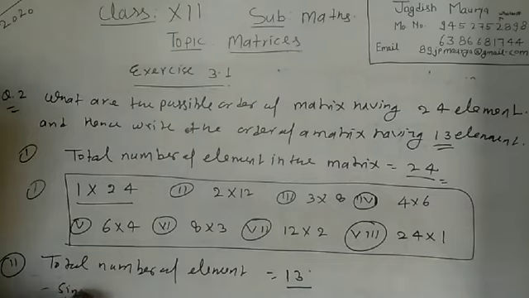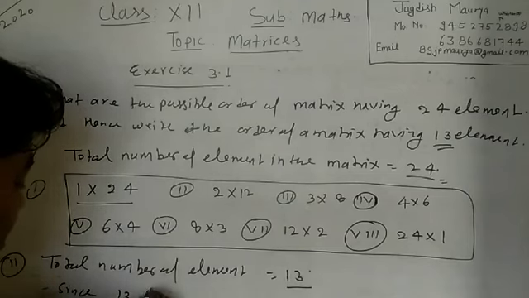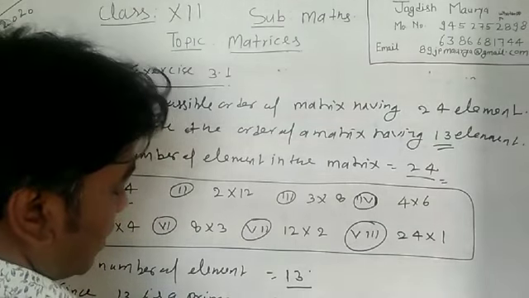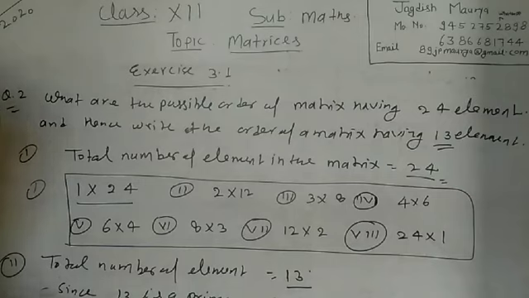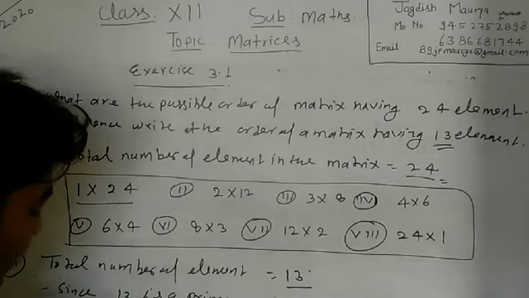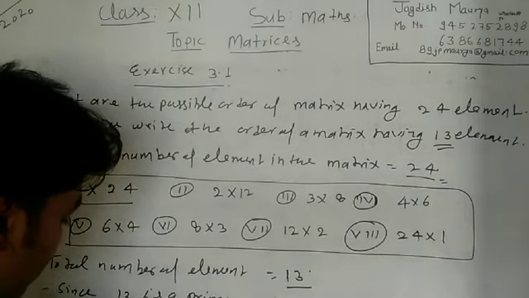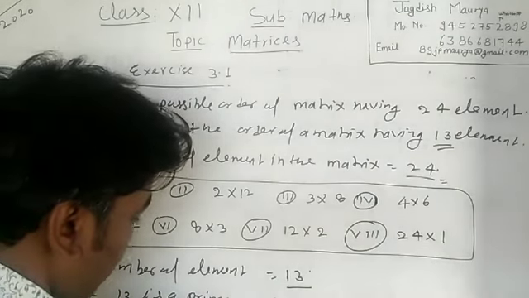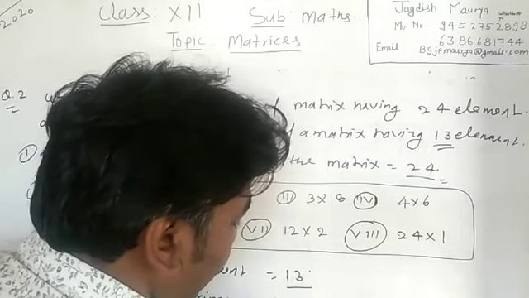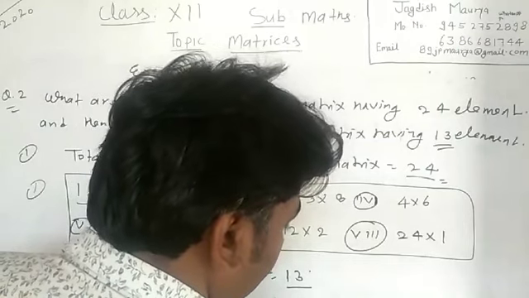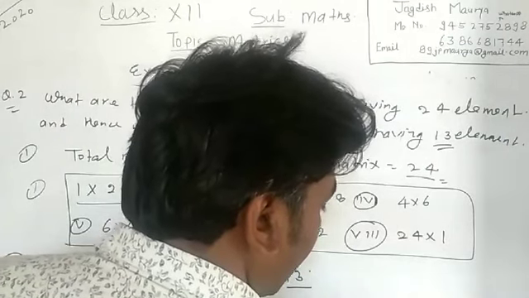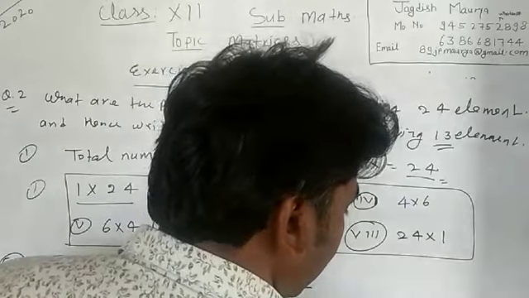Since 13 is a prime number, therefore the possible order of a matrix having 13 elements is 1 by 13 or 13 by 1.